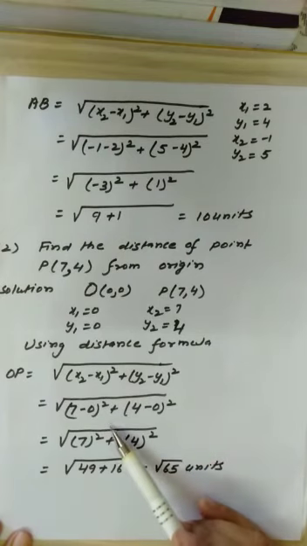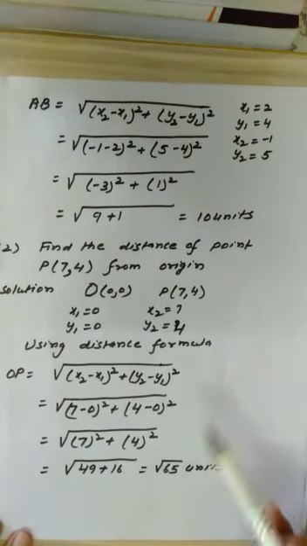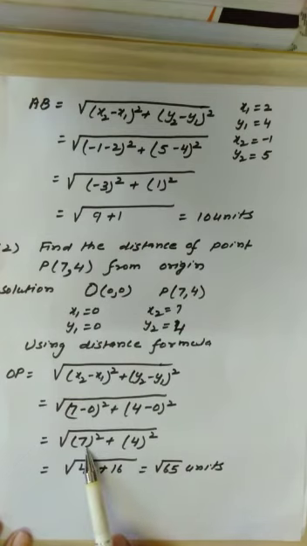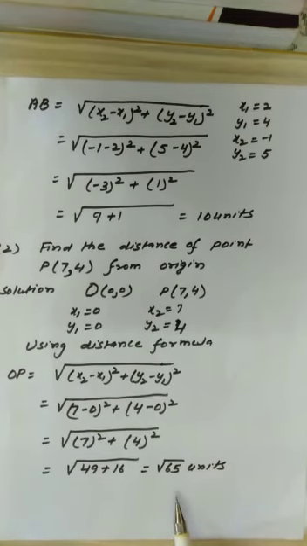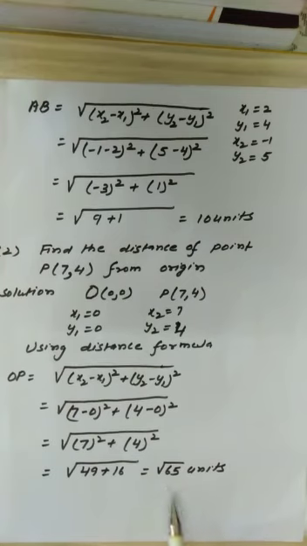So 7 minus 0 whole square plus 4 minus 0 whole square, that is 7 square plus 4 square. What is 7 square? It is 49. 4 square is 16. So what is the distance of the point P from the origin? It is square root of 65. So the distance OP is square root of 65.